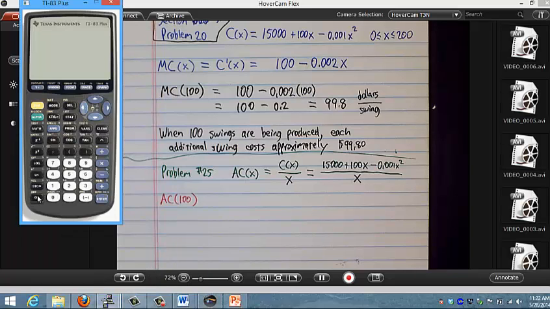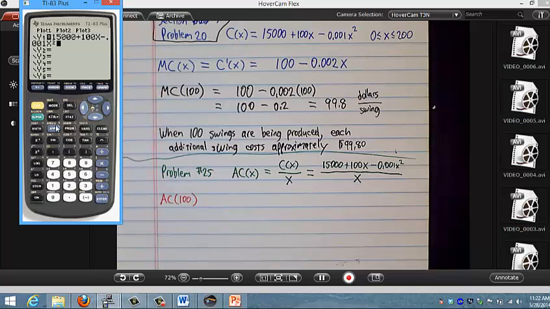Yeah, so do we have a cost function in here? Let's see. Not yet. Let's put a cost function in here. So the original cost function was 15,000 plus 100x minus 0.001x squared.